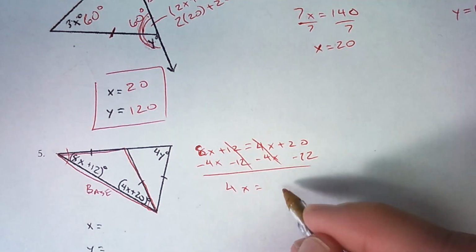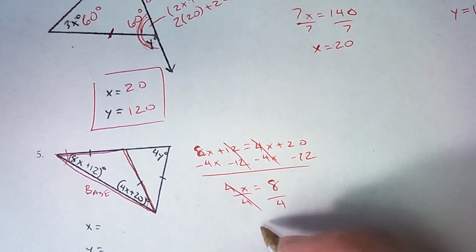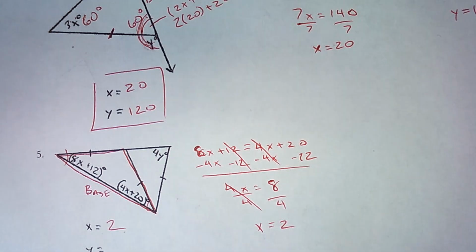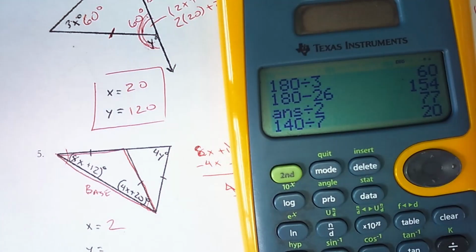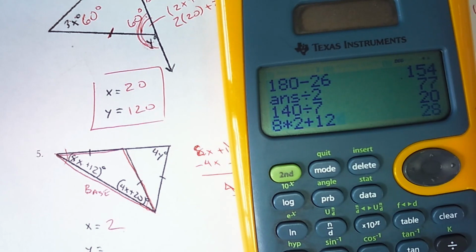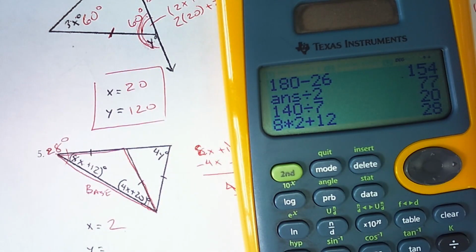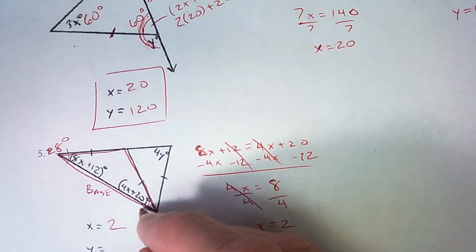And I get 4x equals 8. And I divide by 4, and I get x is 2. Okay, now I can plug that into both of these. Hopefully they'll be the same. So I have 8 times 2 plus 12, 28 degrees. And I have 4 times 2 plus 20. Also 28 degrees.